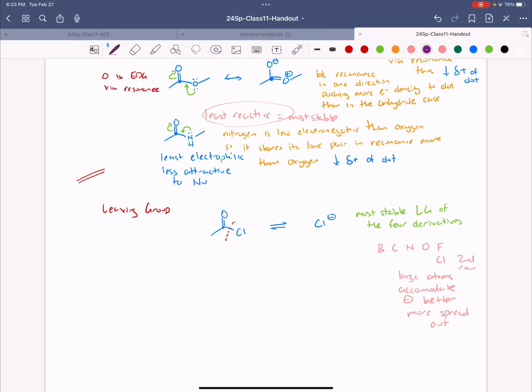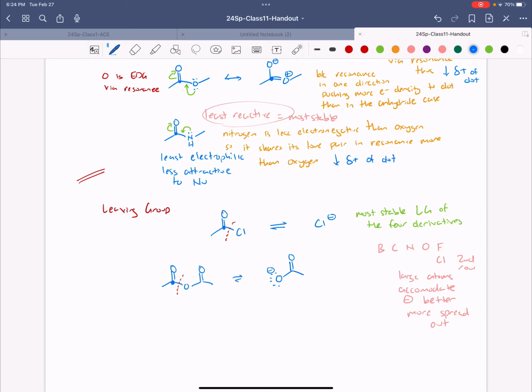Next, the anhydride. The anhydride looks like this. We're going to focus on attacking the carbon on the left. So this is the cut, and the leaving group in this case looks like a carboxylate. Here we have our negative charge on an oxygen.